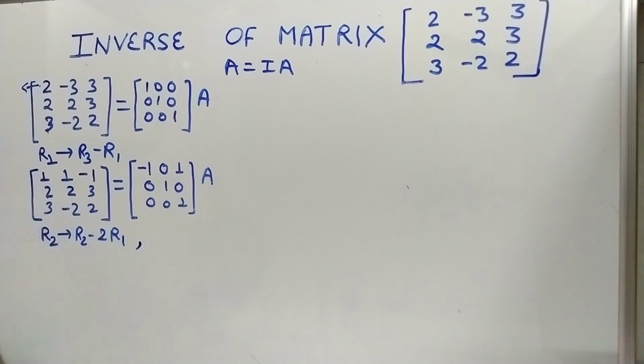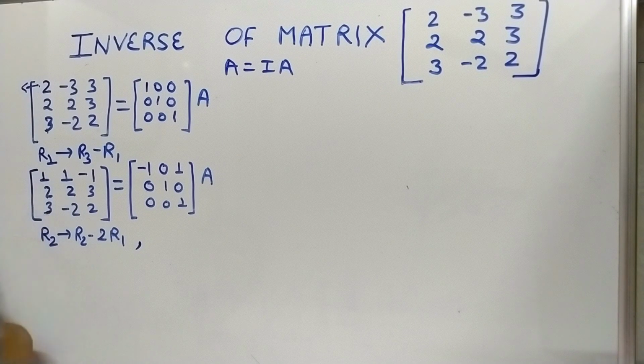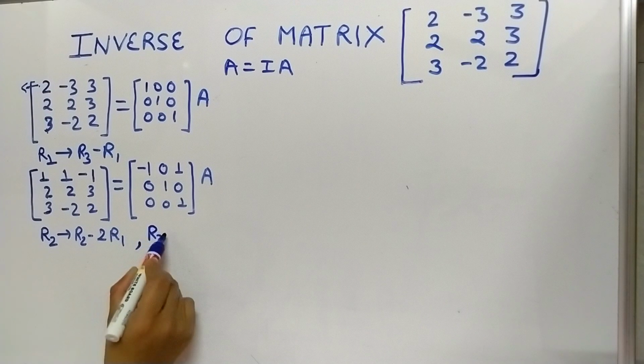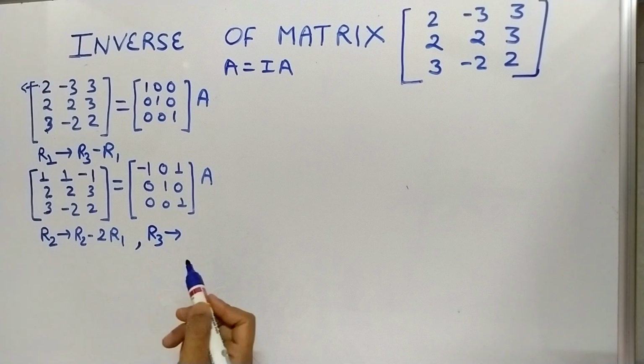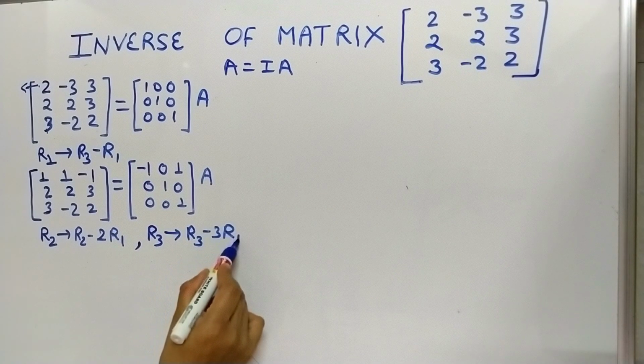And the same thing, in the third row also you can make this 3 as 0: multiply the first row with 3 and subtract it from the third row. So the third operation is changing the third row to R3 minus 3 times R1.